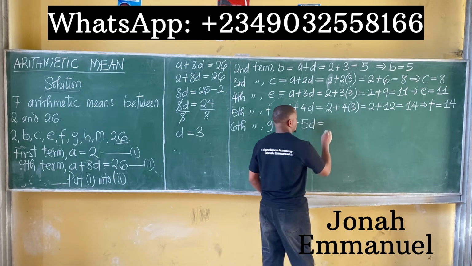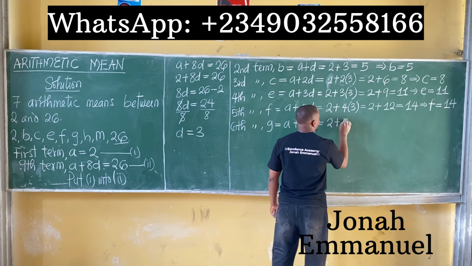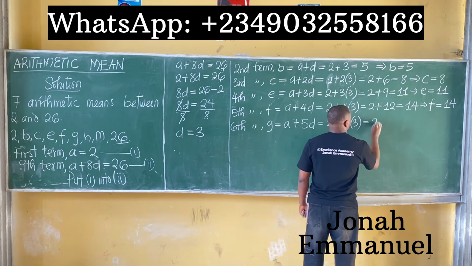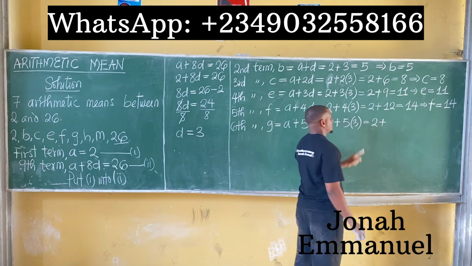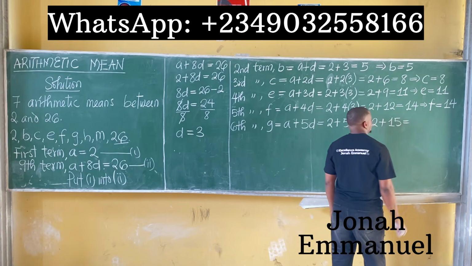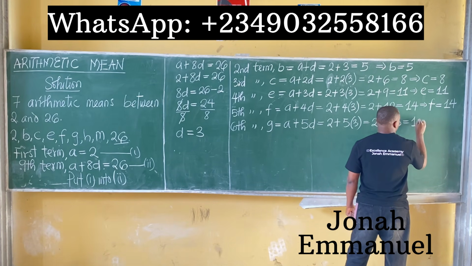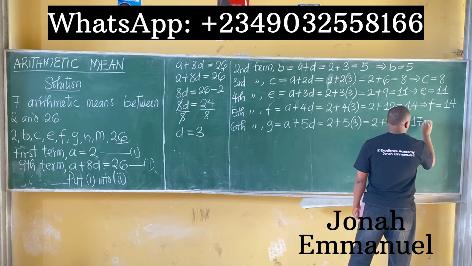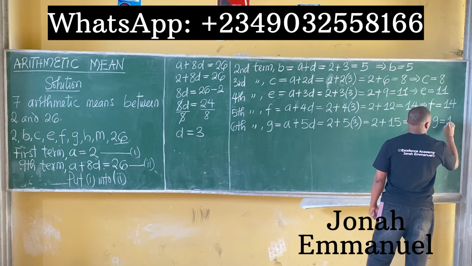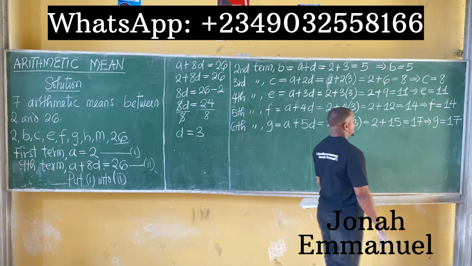A is 2, so 2 plus 5 into D. D is 3. This is equal to 2 plus 5 times 3 is 15. That's equal to 2 plus 15 is 17. So that means that G is equal to 17. So I have this.